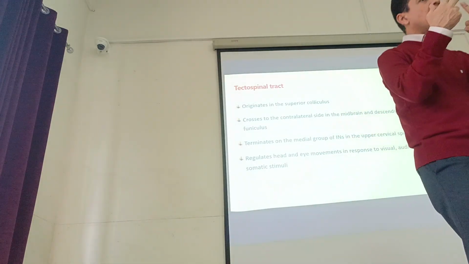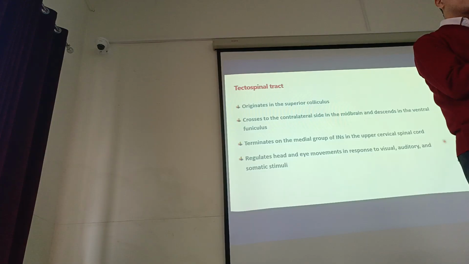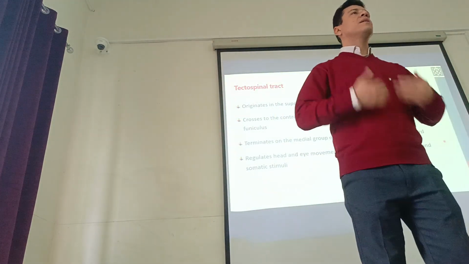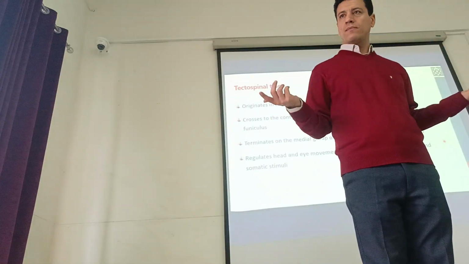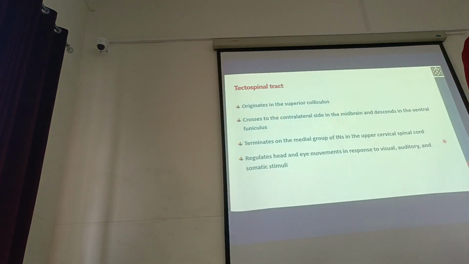We have two pathways that originate from vestibular nuclei: lateral vestibulospinal tract and medial vestibulospinal tract. The lateral one is for keeping the posture and keeping the balance, right? But the medial one is for movement of the head and neck when we go out of balance, right?